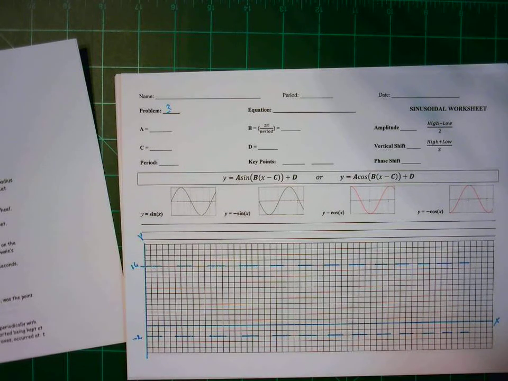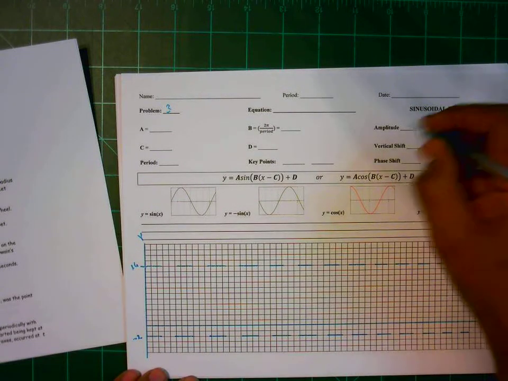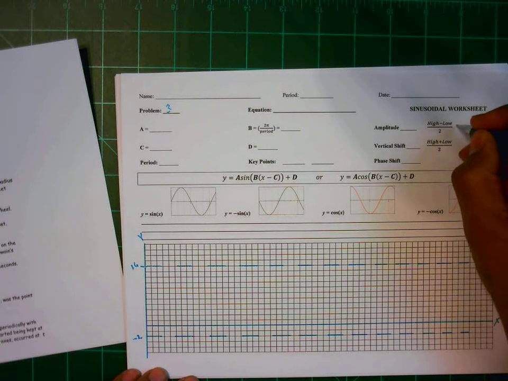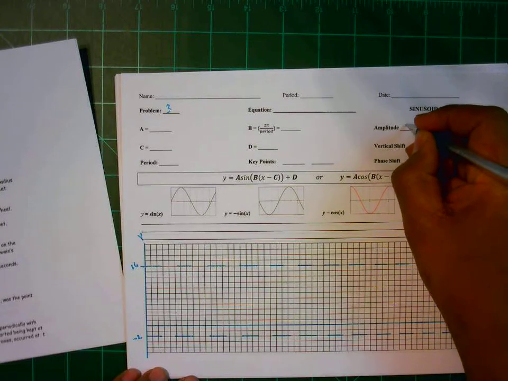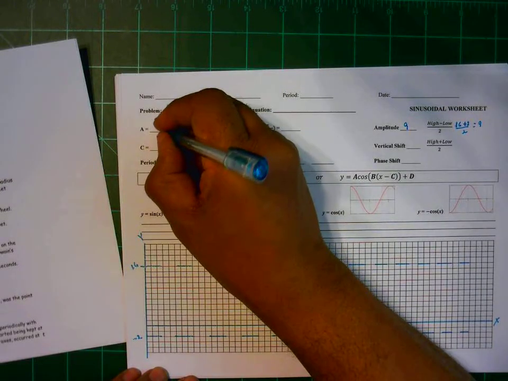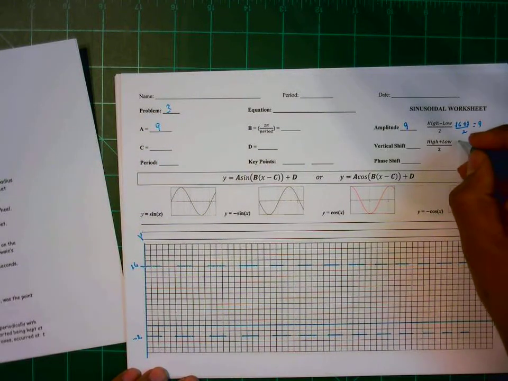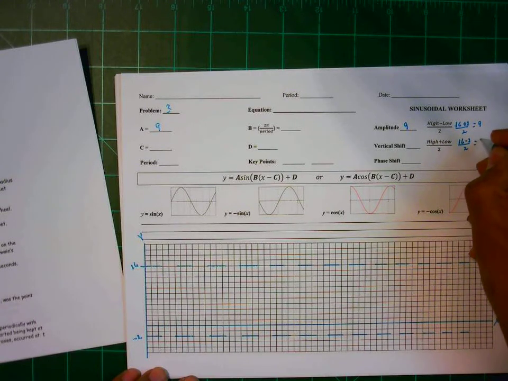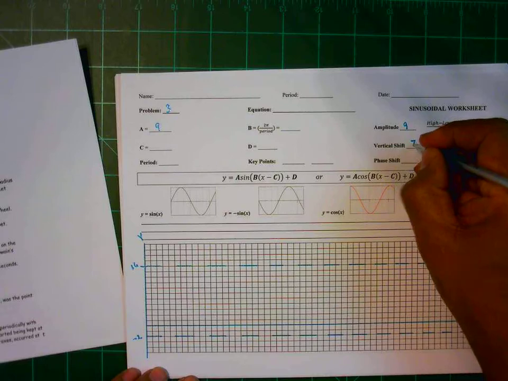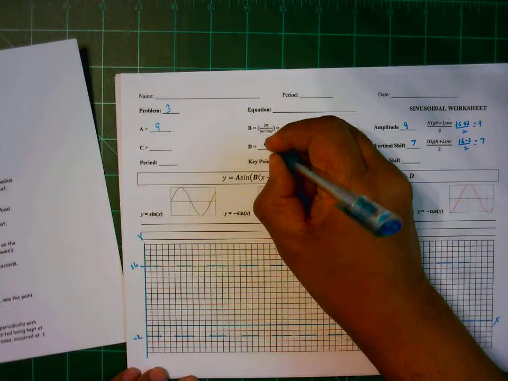That's our low point. Now let's find amplitude. Amplitude is going to be the high, 16, minus the low, so that's 16 + 2 over 2, so that's going to be 9. A is 9. The vertical shift is the high plus the low, that's 16 minus 2 divided by 2, so that's going to be 7. That's going to be our D, 7.